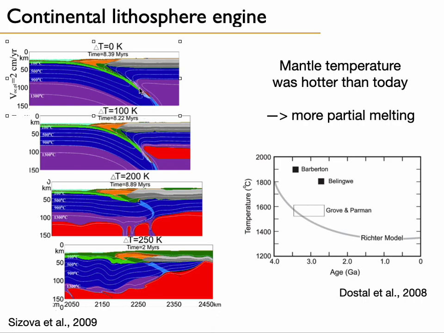If you take the same simulation, but now take into account 100 degrees more temperature for the mantle, then the mantle wedge here starts to be red. It means it's partially molten. If you increase the temperature of the mantle even more, 200 degrees, then most of the mantle will end up being partially molten.